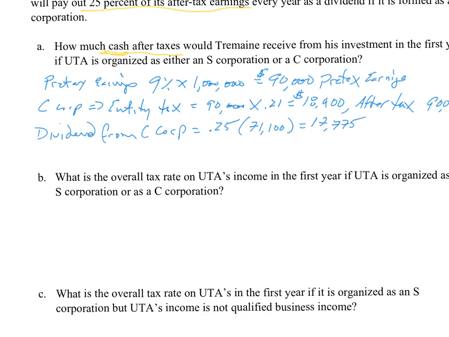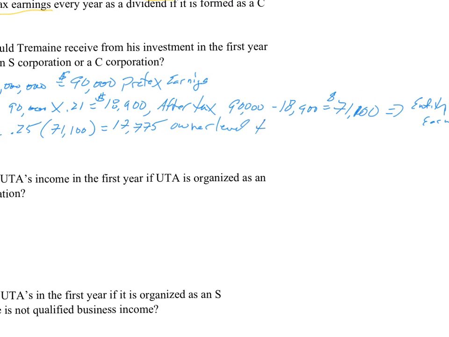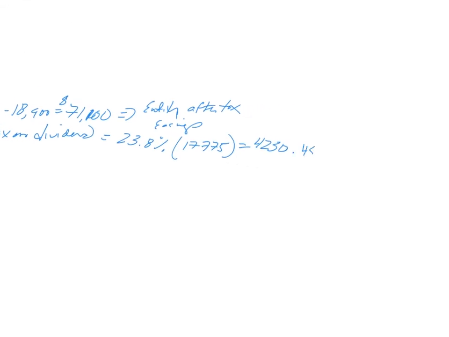$17,775. Okay. And we know that the tax on the dividend is 23.8% times that, and so that is going to be $4,230.45 in owner-level taxes.